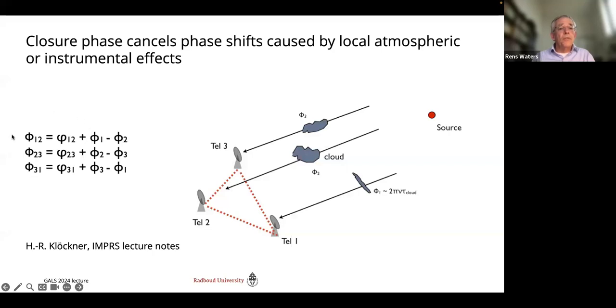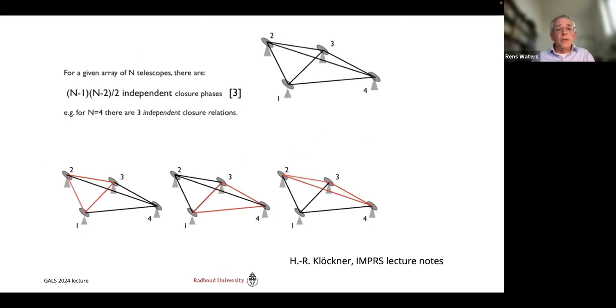And then you can see that if you add all of these up, then the disturbing effects from the atmosphere and telescope are cancelled out precisely, and you're left with the sum of these 3 phases, which is called the closure phase. For a spherical object, those closure phases will be 0, but for non-spherical objects, they will have a certain value, and that is the information you can use to reconstruct your image with different techniques.